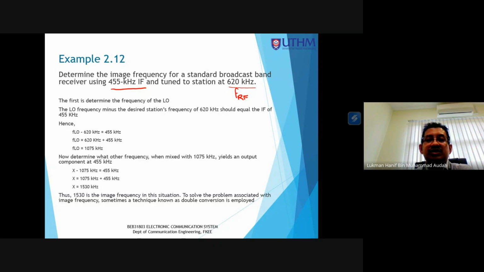Actually, we tune to 620 kilohertz. So if you see from here, you are given FIF and also you are given FRF. Find the image frequency.